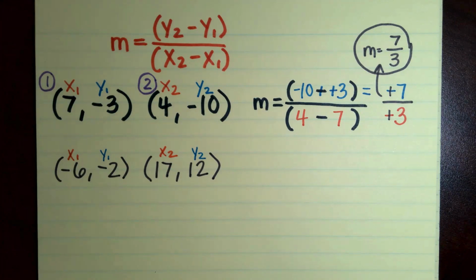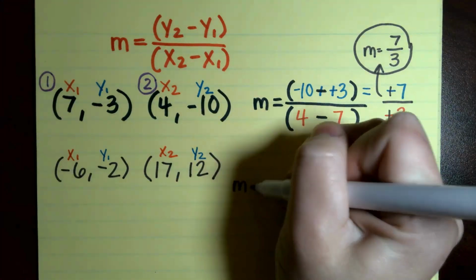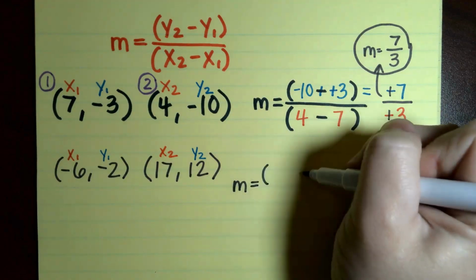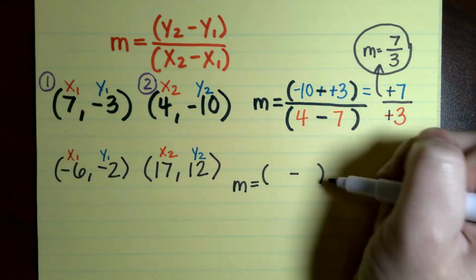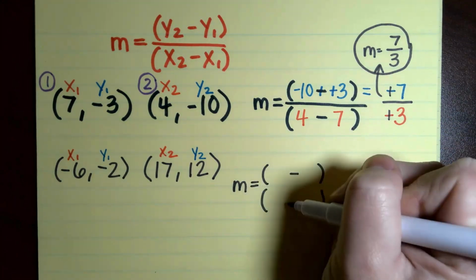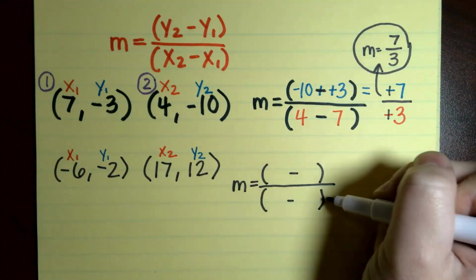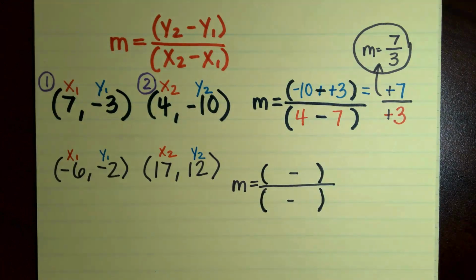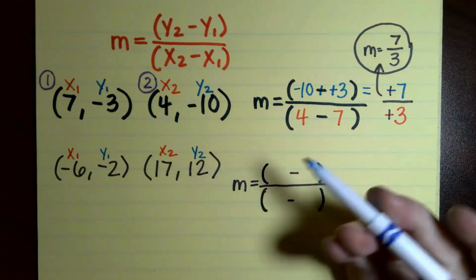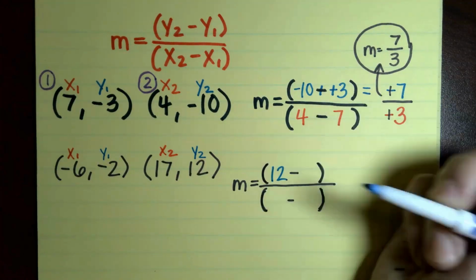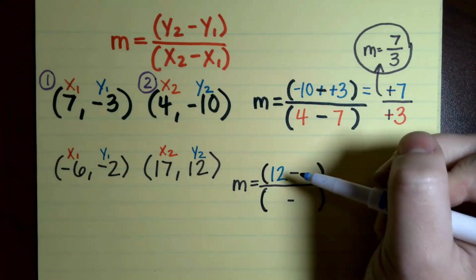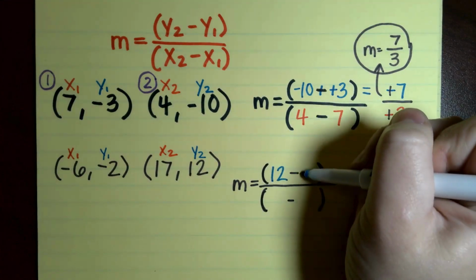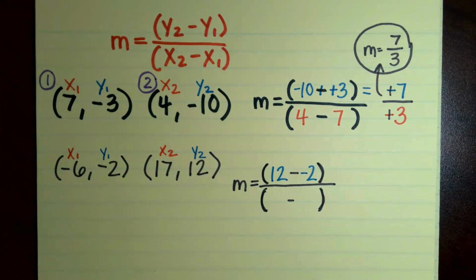Now to solve for slope, we just need to plug those values into my equation. What am I going to write on the top? 12 minus negative 2.